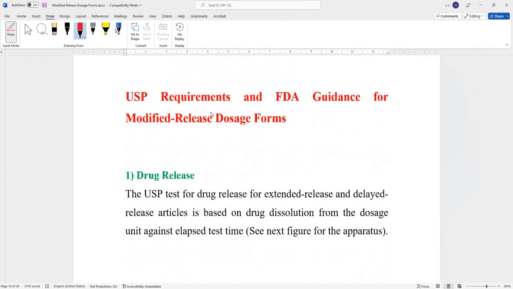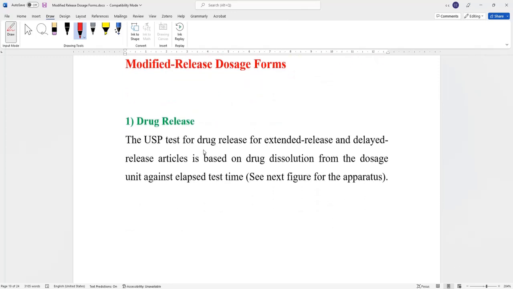Okay, what are the USP requirements and guidance? First, about the drug release. Usually, once the company produces the tablets, it has to do quality control tests for the tablet.